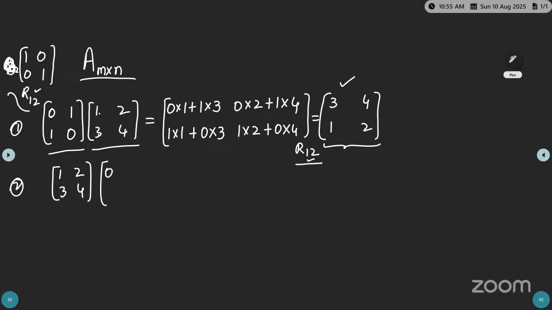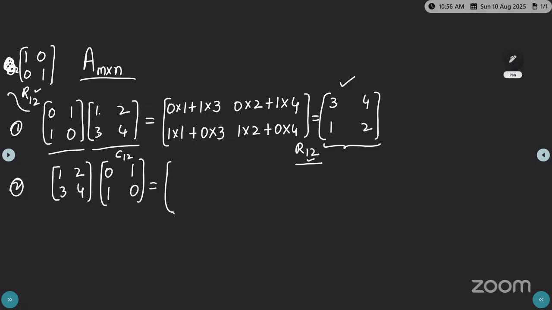The post multiplication, this is C12. Post multiplication of an elementary matrix to the given matrix results in the same transformation in the given matrix.